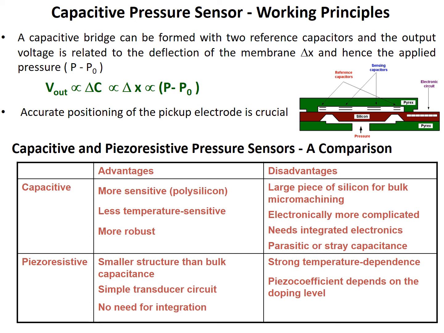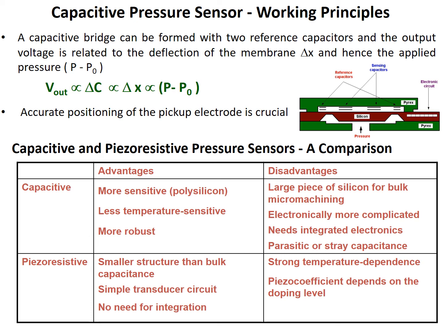Fine. So with this we have talked about the pressure sensors in detail, under which mainly two types of transduction mechanisms we have talked about: one is the piezo-resistive type, and the other is the capacitive type. So the summary is that in the piezo-resistive case, because of the applied pressure, we use some sort of doped polysilicon resistor which will act as the piezo-resistor, whose resistance will change depending on the applied strain or stress or the pressure.